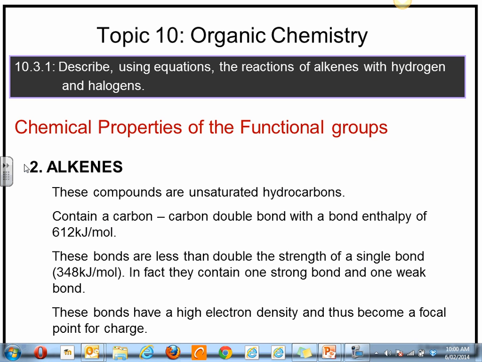So if there is something that is searching for electrons, say something that's positively charged, or something that has a really high electronegativity that's searching for electrons, that double bond is where it's going to hit, okay? Nowhere else. That's the most likely site for the reaction, okay?